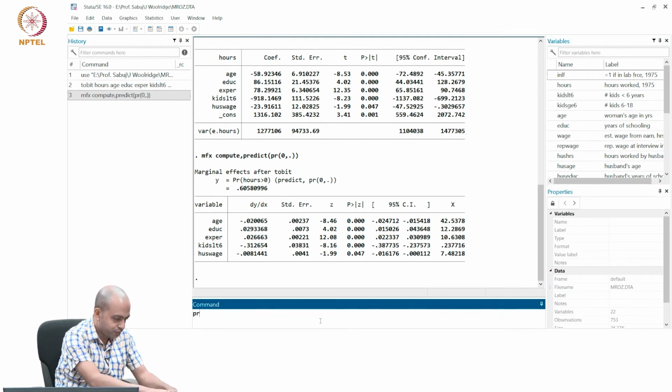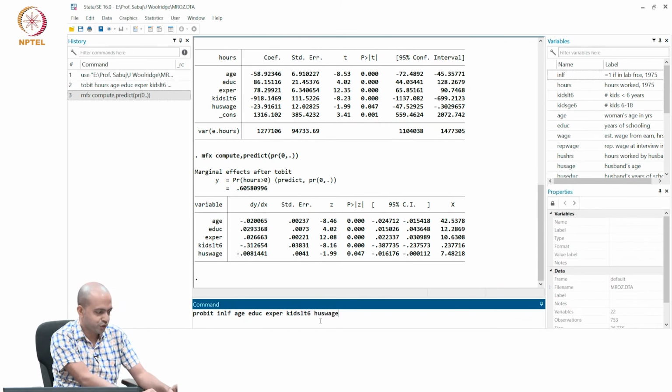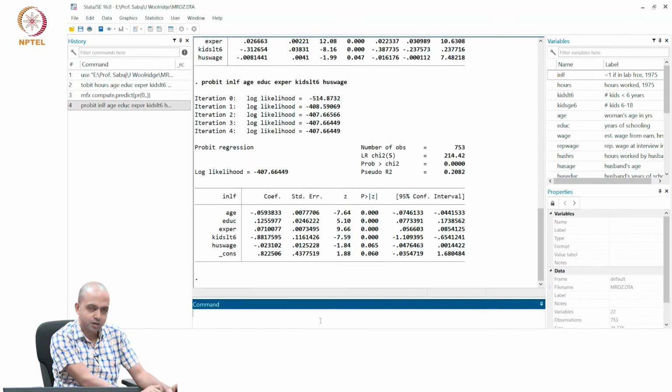The command would be probit inlf, then age, education, experience, kidslt6 and hus wage. This is your Probit model, and the dependent variable here is, in the context of Probit, in labor force, and then this is the output.